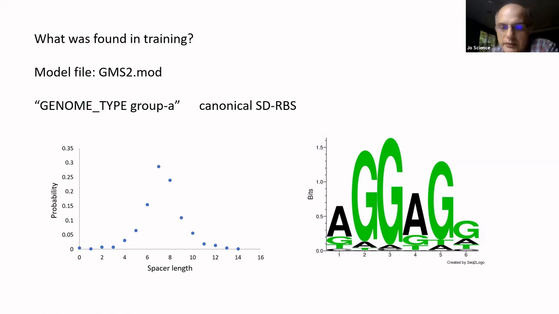And most frequently, I would say the key file to look at for the success of the training is the graph on the left. This graph shows the distance between the Shine-Dalgarno signal and the start codon.